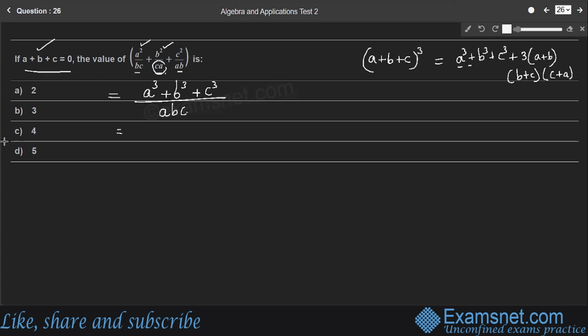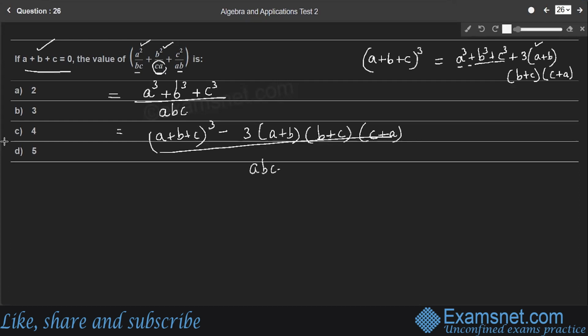Therefore, this part a cube plus b cube plus c cube can be written as (a plus b plus c) the whole cube minus 3 times (a plus b) into (b plus c) into (c plus a), whole divided by a into b into c.